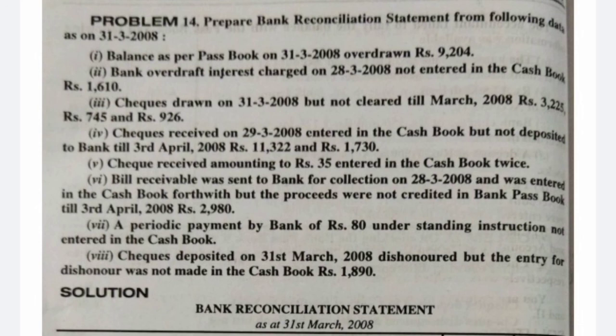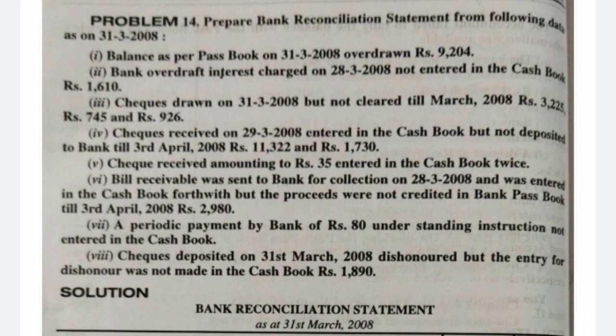Okay, the last one is checks deposited on 31st March 2008 dishonored, but the entry for the dishonor was not made in the cash book. If in the passbook the check is dishonored, it means no amount is deposited in the bank, no receipt is shown, and the bank is showing less balance by rupees 1890 when compared to the cash book.